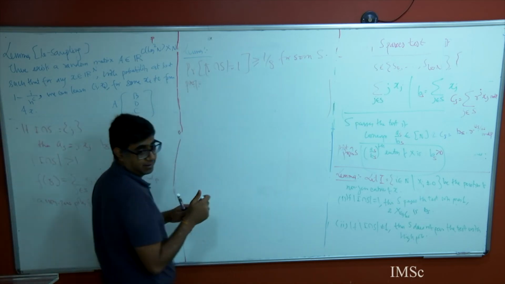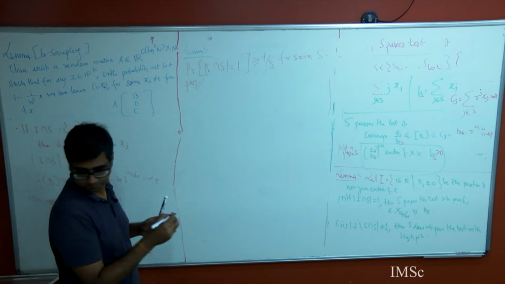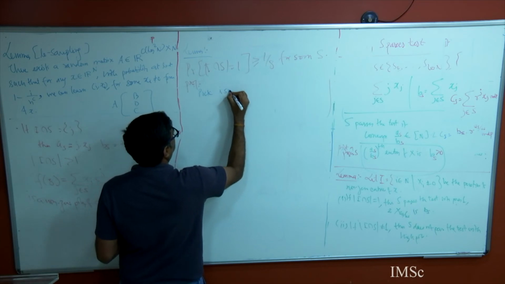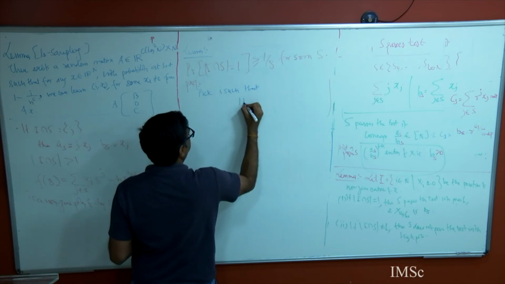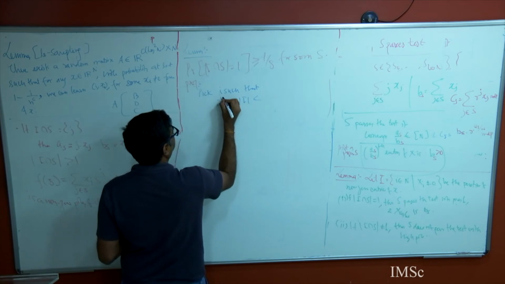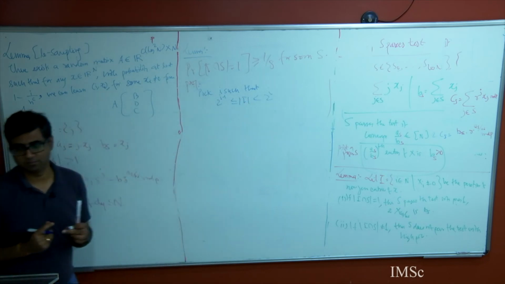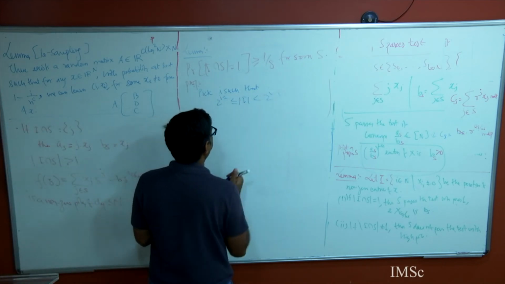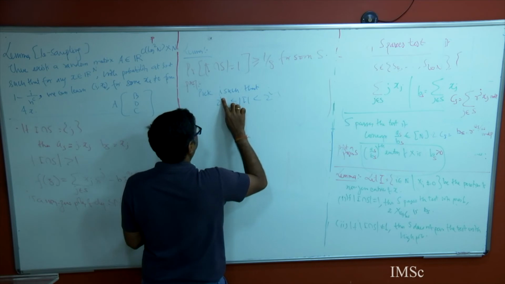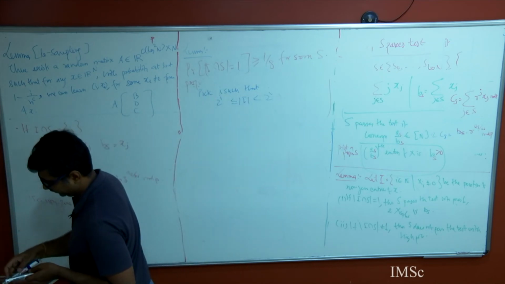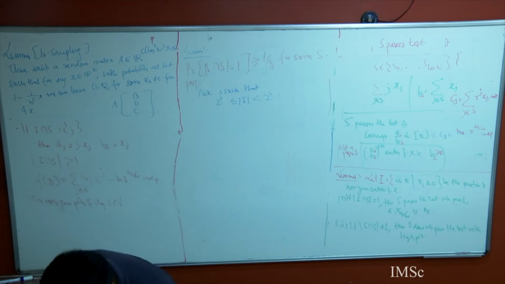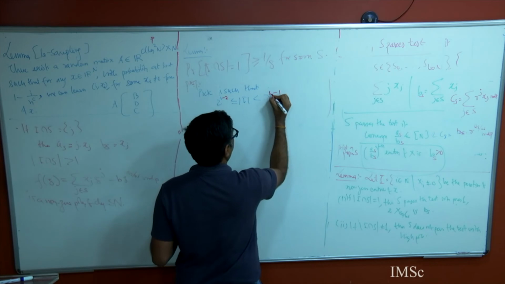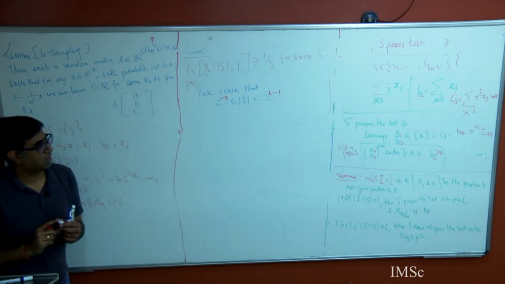We have to choose I appropriately. Okay, pick I such that cardinality of I is more than 2 power I minus 1, less than 2 power I. Or let's say 2 power I minus 1. Okay, pick I such that this happens.